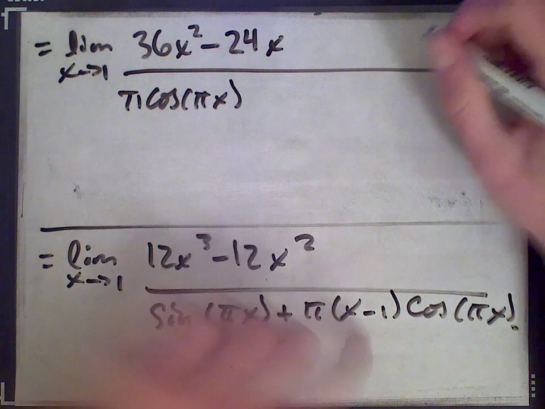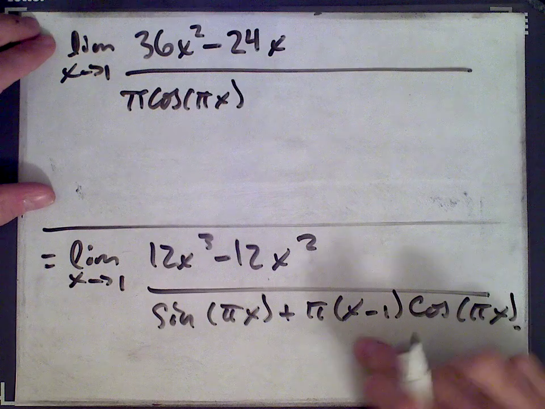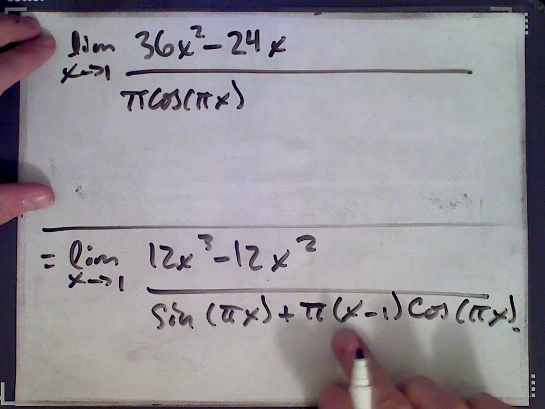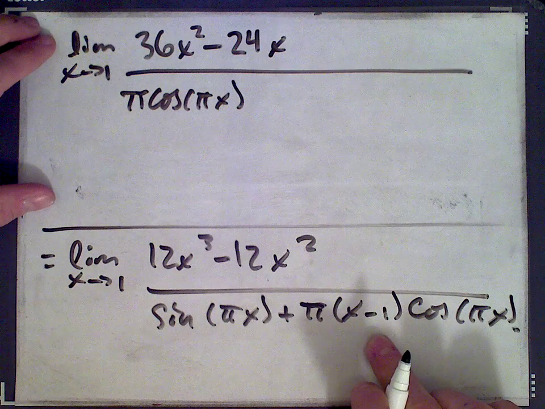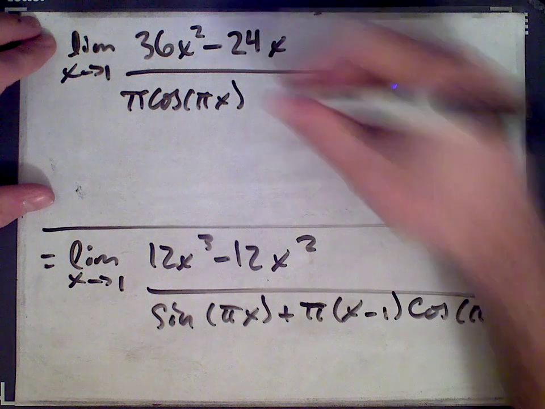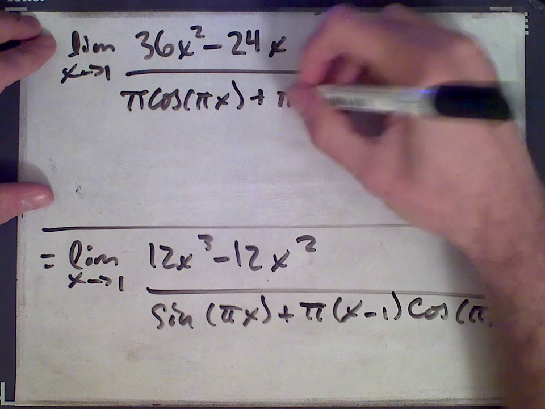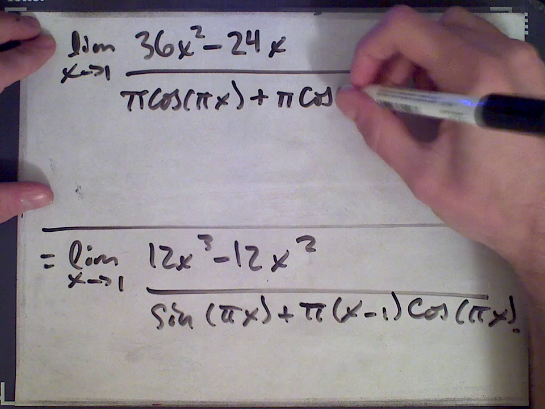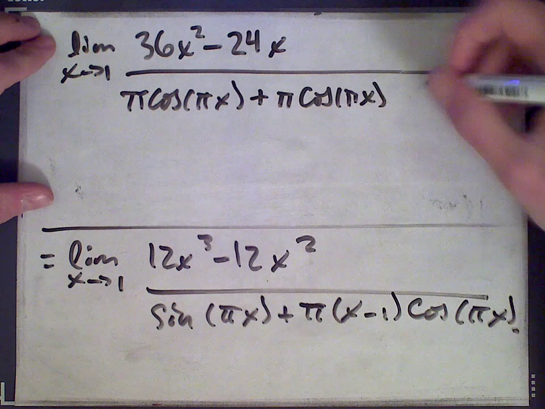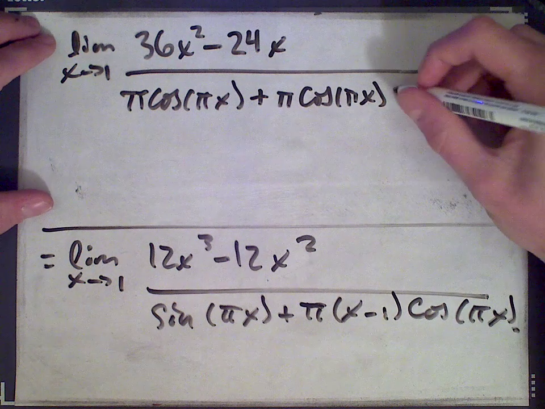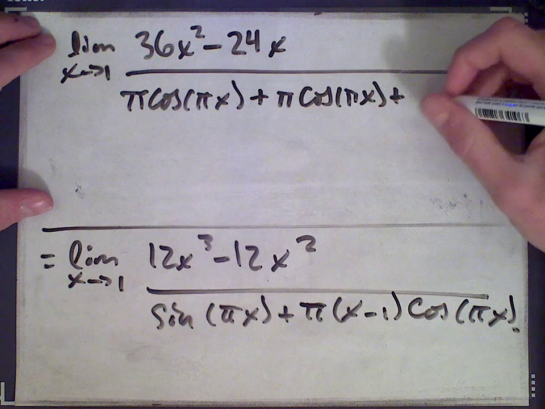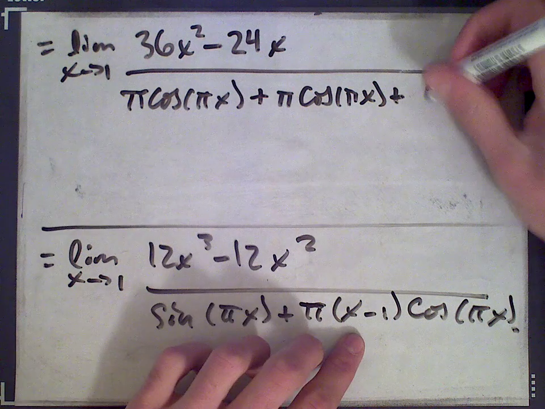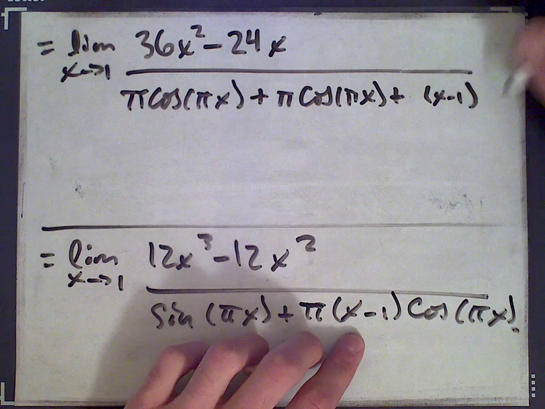Using the product rule, the first term is x minus 1, and its derivative is 1. So for the first part of the product rule, we get pi times cos of pi x. For the second part, we get the first term, x minus 1, times the derivative of the second term.